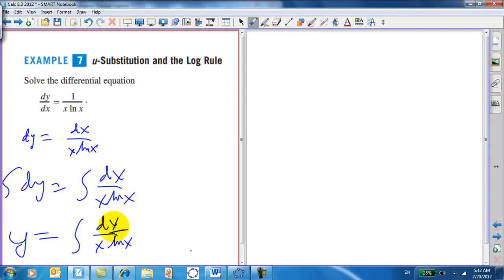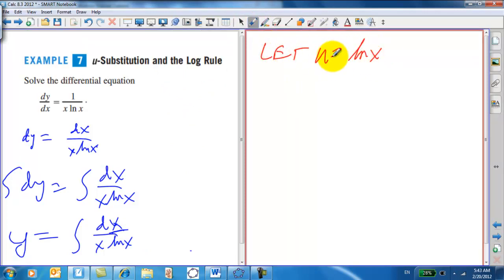Now, what do you do with that stuff on the bottom like that? Well, the derivative of the natural log is 1 over x. And so we'd have it right there. If you let u equal the natural log of x, then du is 1 over x dx.